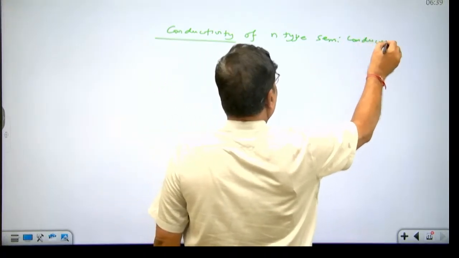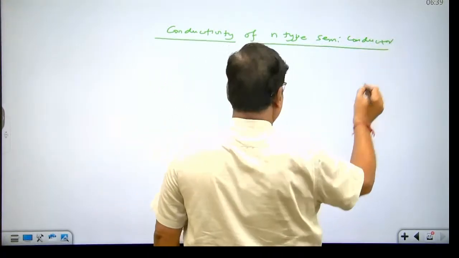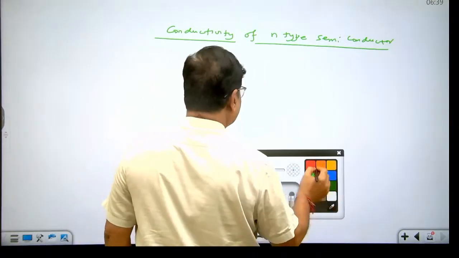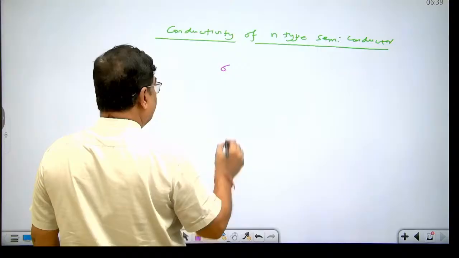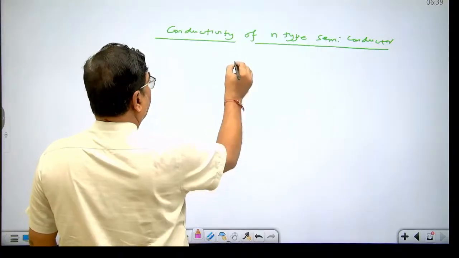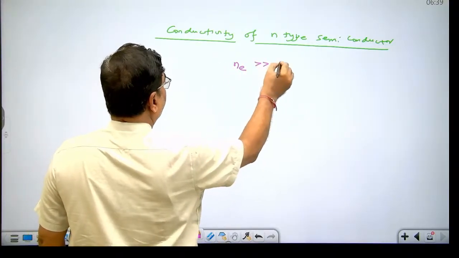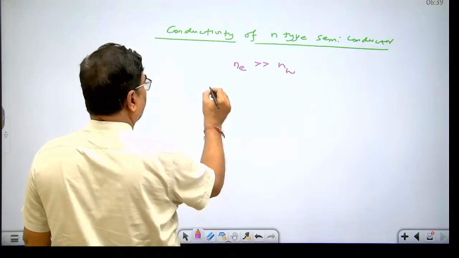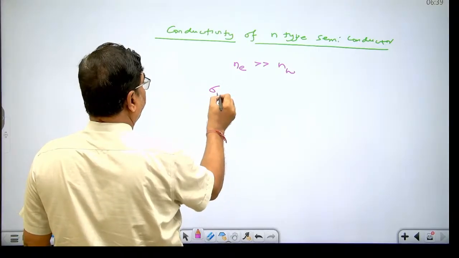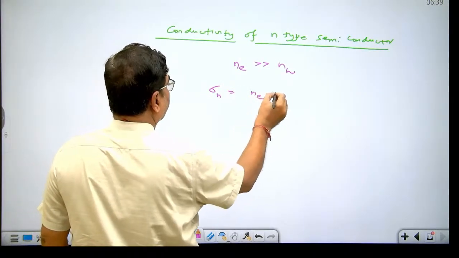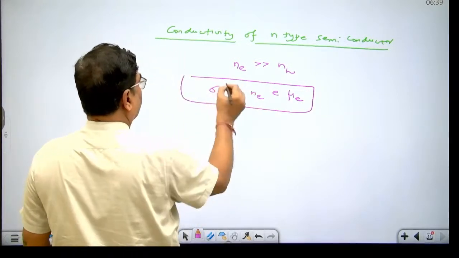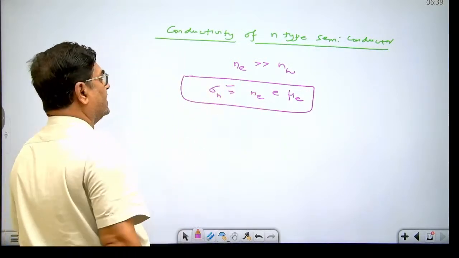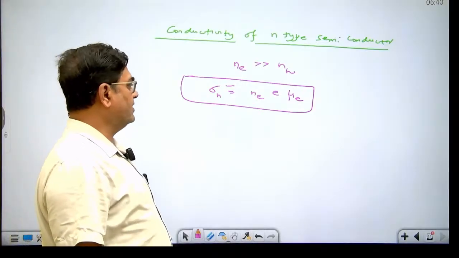This is a very important relation. In case of N-type semiconductor crystal, the number of electrons per unit volume is quite large in comparison to the number of holes. So the conductivity of N-type semiconductor is written as n_e e mu_e.